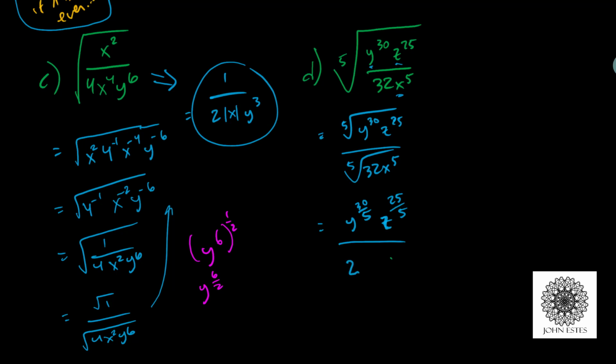There's not a lot of 5th roots we know off the top of our head, but the 5th root of 32 being 2 is one that's very common. And then I have x to the 5 over 5 power. So when I reduce this down, that's going to give me y to the 6th, z to the 5th over 2x. And I don't have to worry about the absolute value because this is an odd radical.